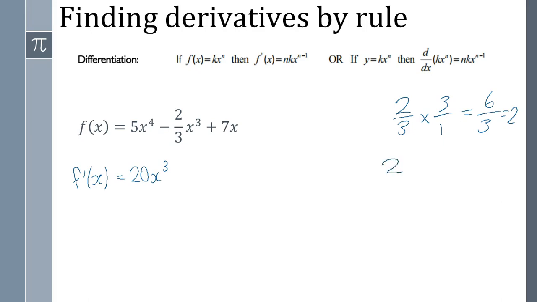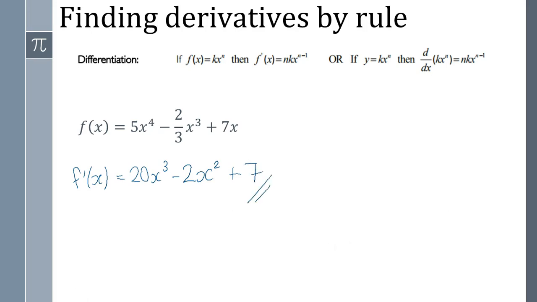Or I can go 2 over 3 times 3, those 2 cancel out, 2. So that's just your fraction practice there. So here it's negative 2, and we take 1 off the power. And then the third term, so we're doing these separately. We got power times coefficient is 7. Drop 1 off the power, gets rid of our x. And that's our answer there.